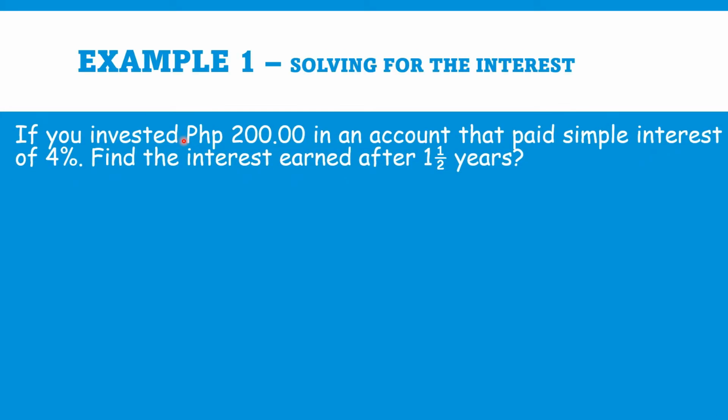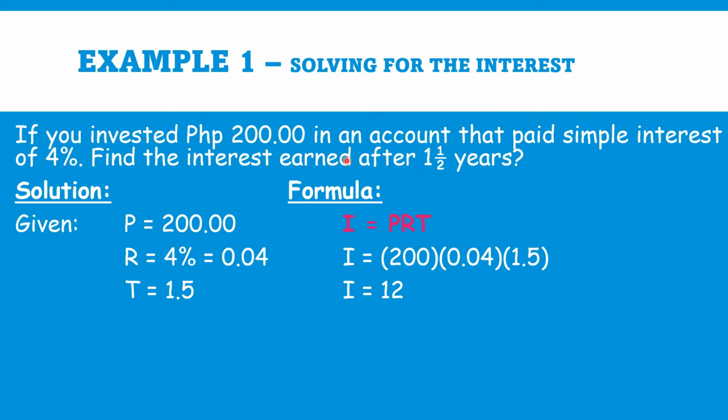Okay, so we have here example number 1, solving for the interest. If you invested 200 pesos in an account that paid simple interest of 4%, find the interest earned after 1.5 years. So this is how we are going to solve this problem. First, identify the given. P, or the principal, is 200 pesos.